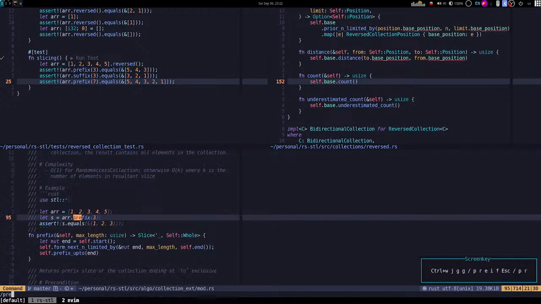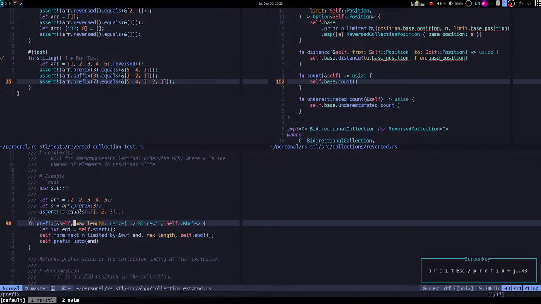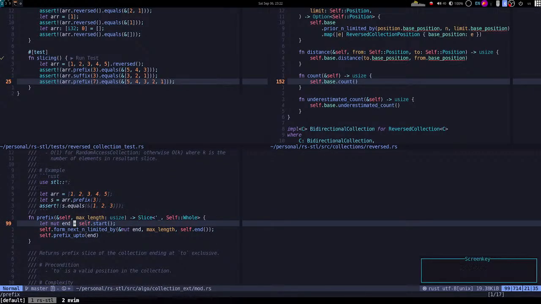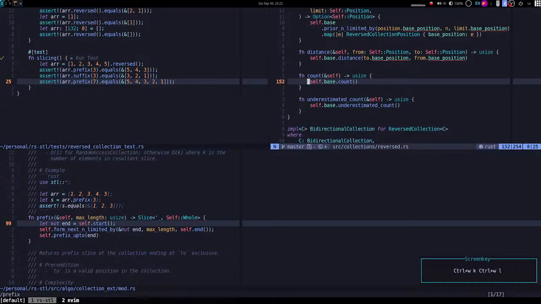Okay. Let me go and check what is the prefix implementation. For next n limited by. Okay, what's that? Ah, form next n limited by. So form next and limited by is wrong. For sure it's wrong.